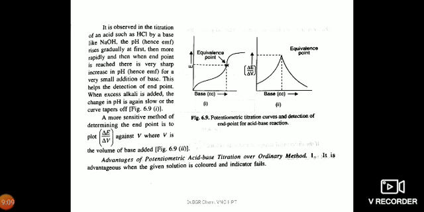On gradual addition, the pH, hence EMF, rises gradually at first, then more rapidly, and when the end point is reached, there is a very sharp increase in the pH. Hence, there is a sharp increase in the EMF also for a very small addition of base. This helps the detection of end point. When excess alkali is added, the change in pH is again slow or the curve tapers off.